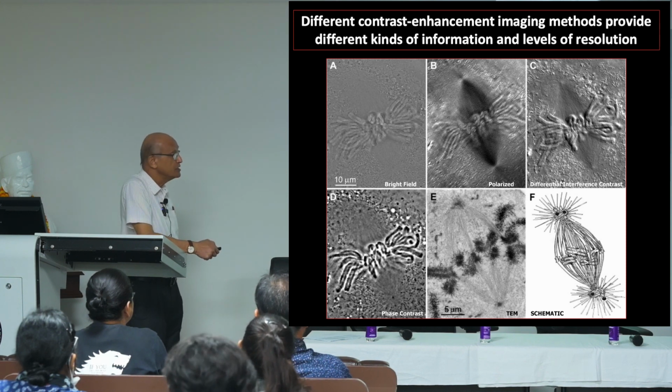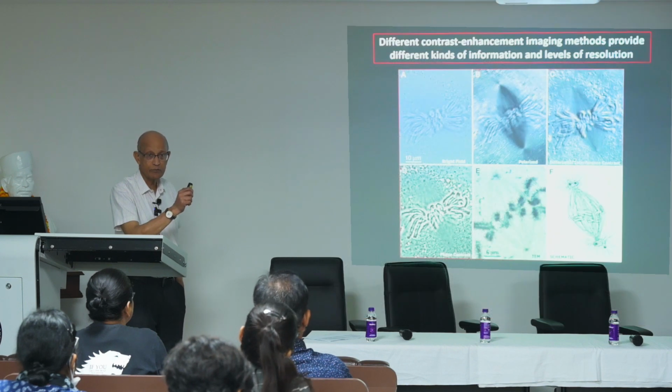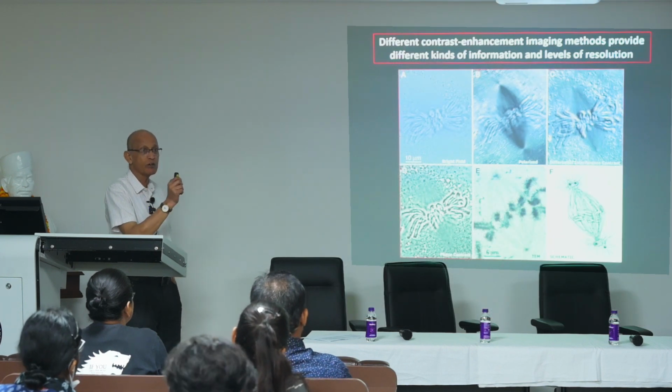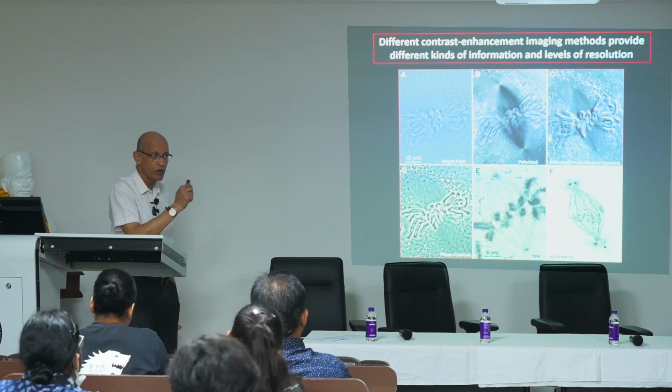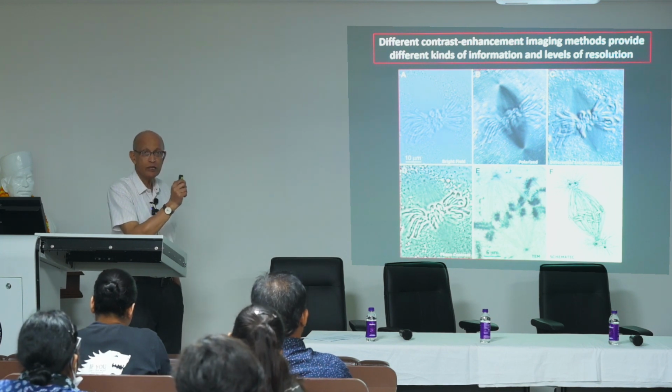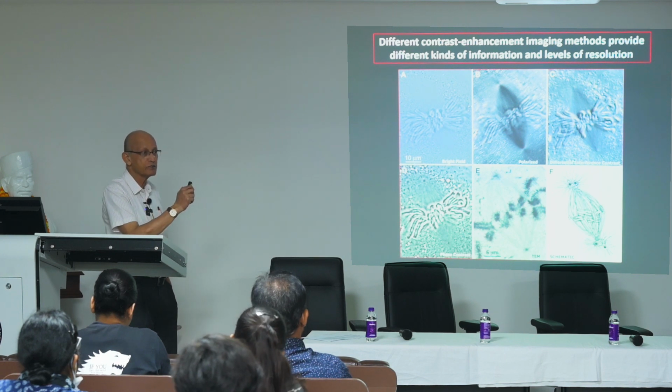But if you combine it with DIC, then you can look at the cell structure also. So when you use confocal imaging, always use DIC along with it. All confocal microscopes are equipped so that you can combine a differential interference contrast optical system along with your confocal or fluorescence imaging.